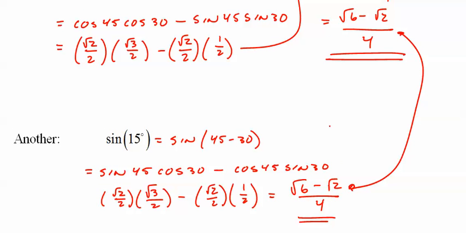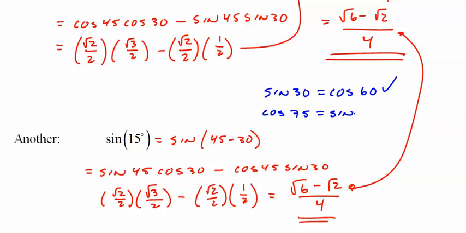I would say, well, duh, just like sine of 30 equals cosine of 60, so does cosine of 75 equal sine of 15. I'll let you figure out why. It's not that hard, especially after you've just finished graphing. Let's hope you remember that.